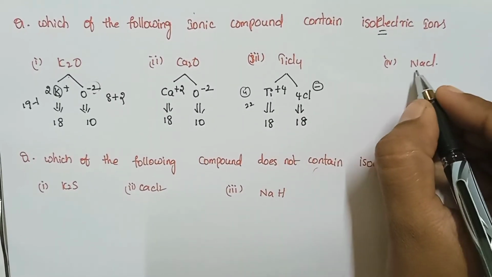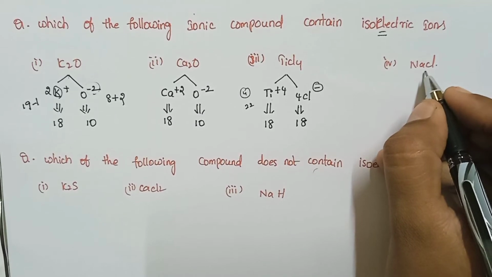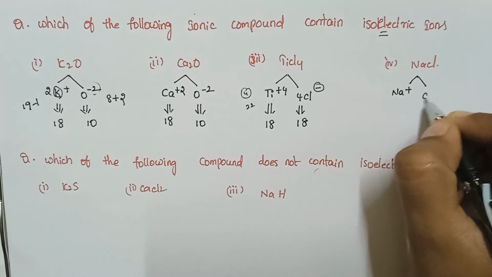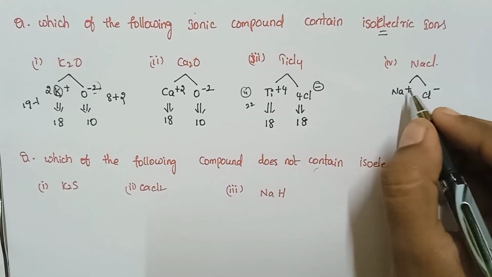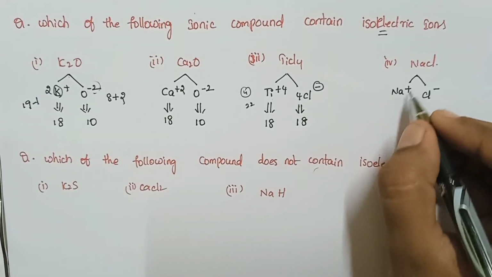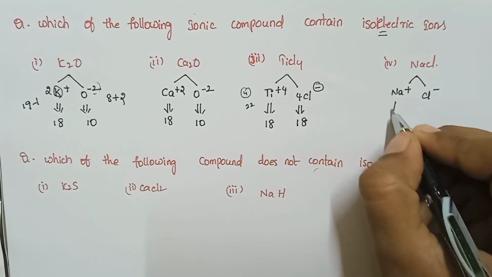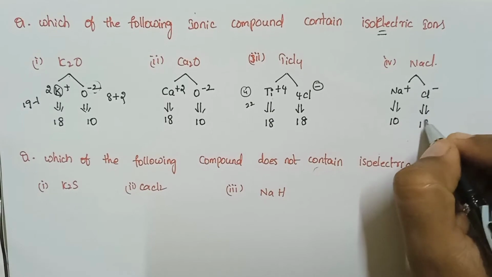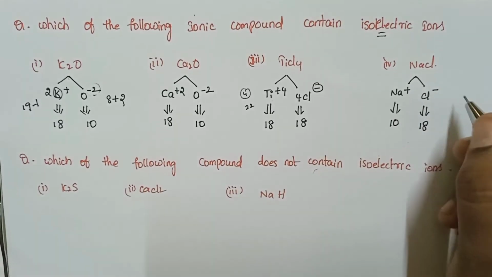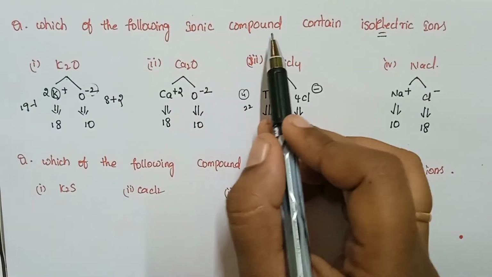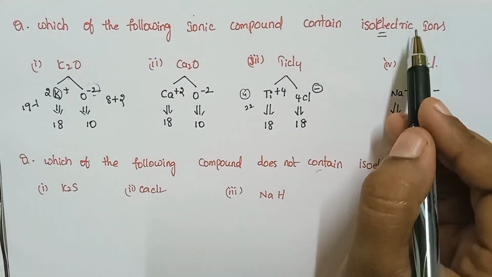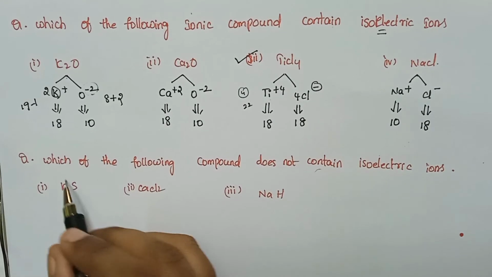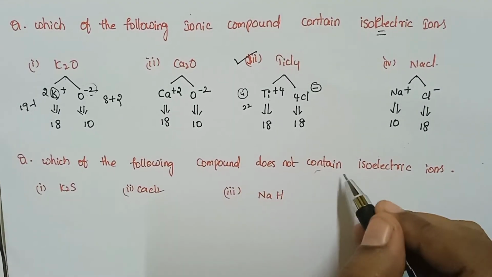The last one, NaCl. Sodium forms Na plus, Cl minus. Sodium 11, plus 1 means removal of 1 electron, 10. Chlorine 18. So what is the question? Which of the following ionic compounds contain isoelectronic ions, isoelectronic means same. So option 3.